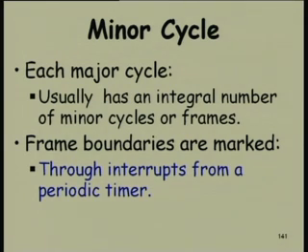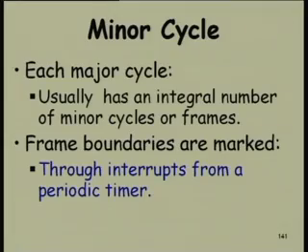Let us see that. Before that, the minor cycle: as we said, typically the major cycle contains an integral number of minor cycles. The minor cycle keeps on repeating, it is a periodic timer basically. But it is not compulsory that a major cycle will have an integral number of minor cycles.